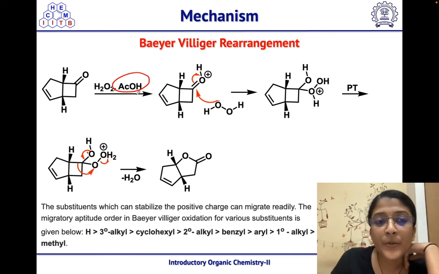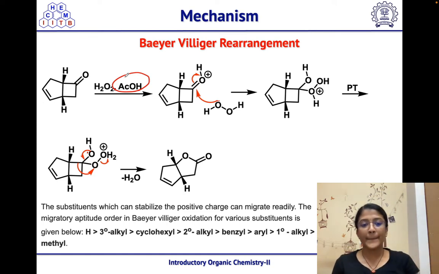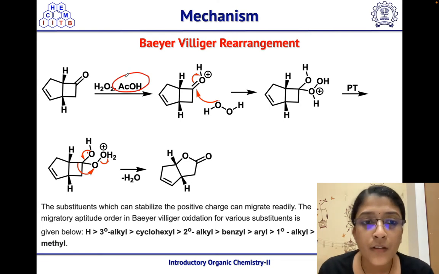This also ensures that epoxidation will not take place. H2O2 with NaOH gives epoxidation, as we have learned. So H2O2 with AcOH will prevent epoxidation as well. Any doubt? Ma'am, H2O2 acetic acid is not favorable for epoxide.